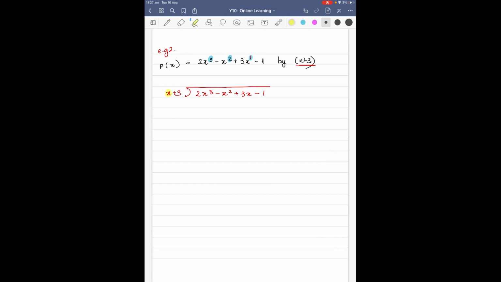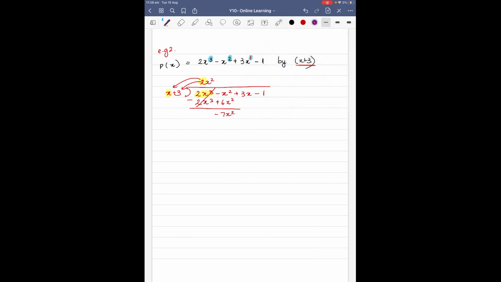Now, first one. X times something has to give you 2x cubed. And we know x times 2x squared is going to give you 2x cubed. So that's that. 2x squared times 3 is plus 6x squared. Find your remainder. That cancels out. We know minus 1x squared minus 6x squared is minus 7x squared.